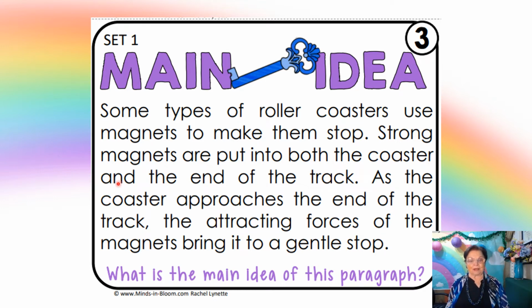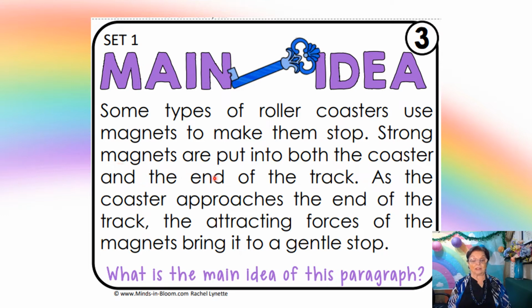Let's read this paragraph, and it says roller coasters right there. Let's find out what this is about. Some types of roller coasters use magnets to make them stop. Maybe that's the main idea. Maybe not. Let's see if we can find some supporting details.